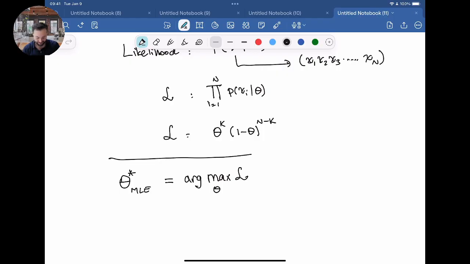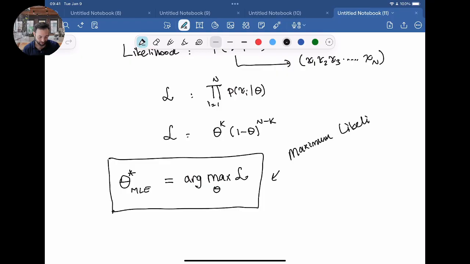So that's one great rule of maximum likelihood estimation.